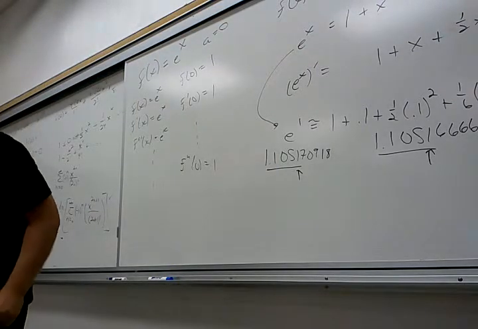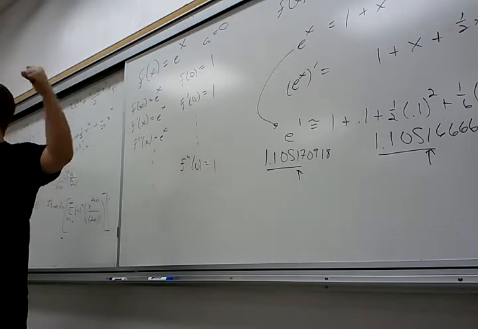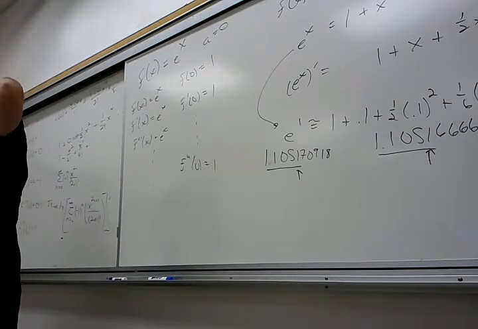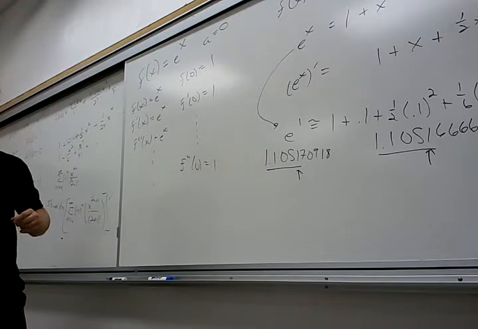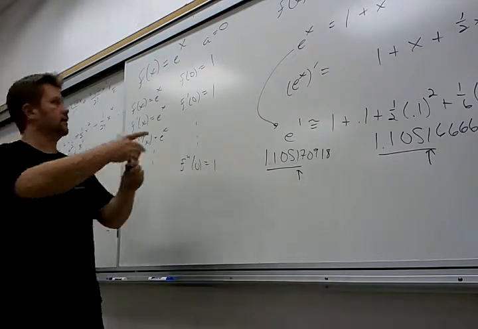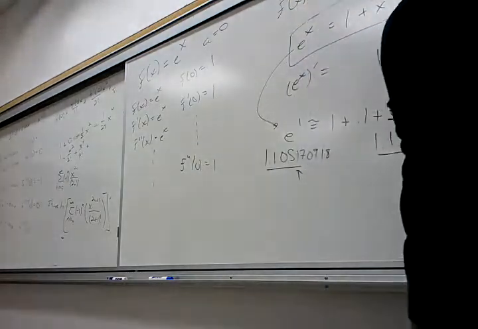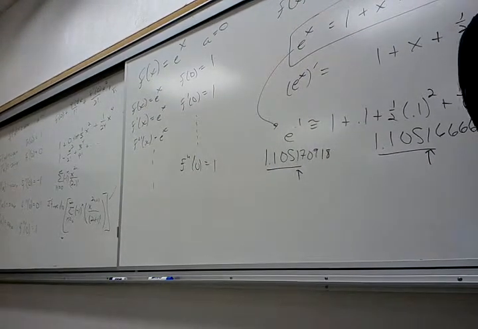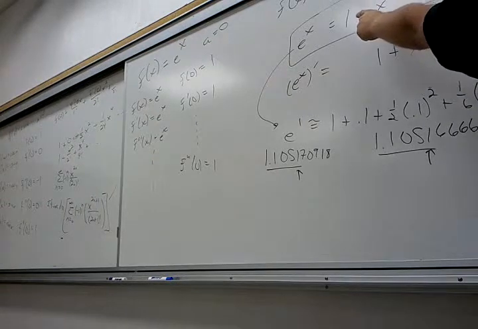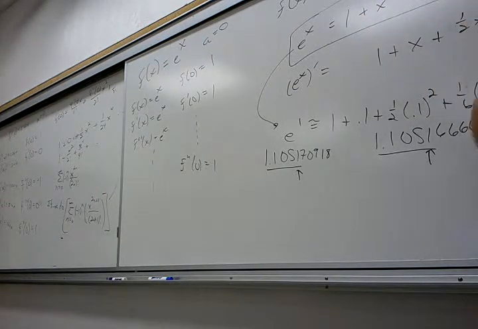Do you guys get a feel? Say again? How would you represent that as a series? Which one? The e to the x. Oh, well, that is this. This is the answer. This is what e to the x is. Oh, as a series form. Yeah, thank you. What would that be? Sum n equals 0 to infinity x to the n over n factorial.